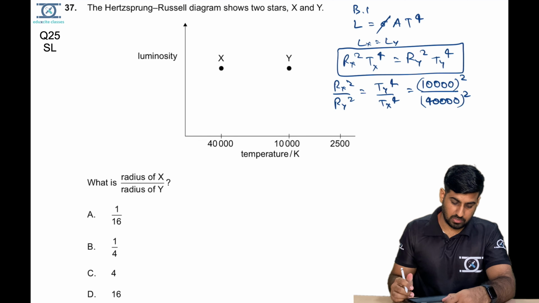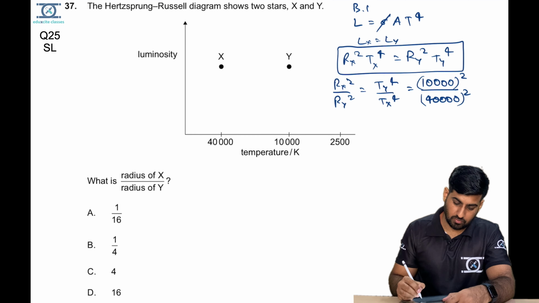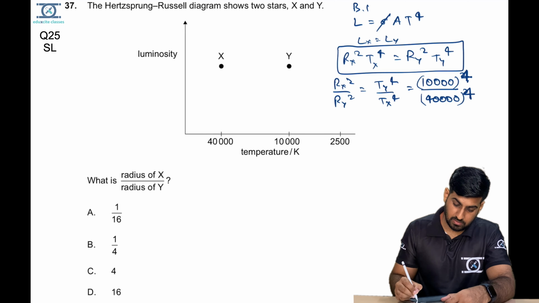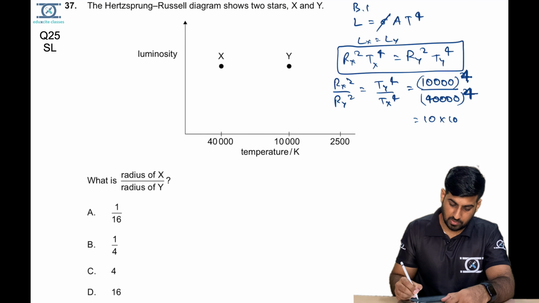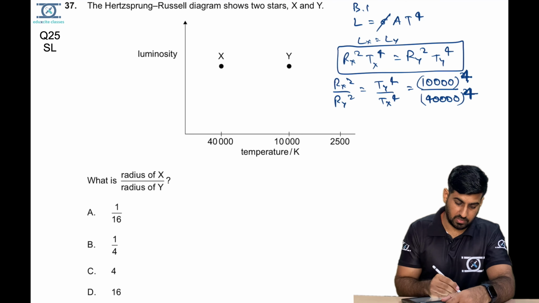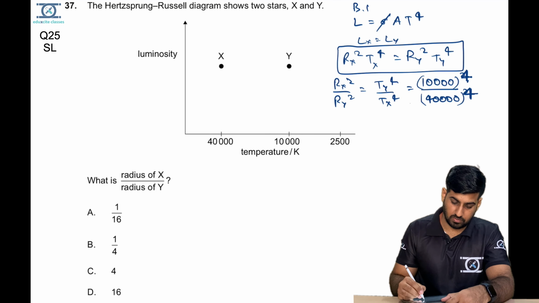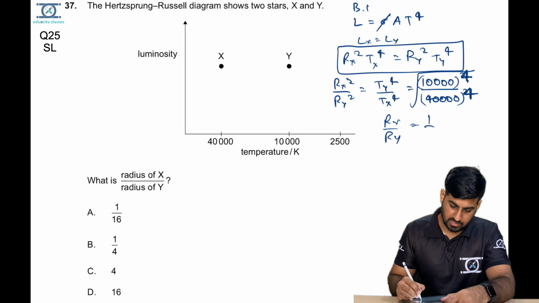So once you solve this and take the square root, this will be power 4, this will be power 4. So you can write this as 10 into 10 raised to power 3, or you can just solve in your calculator, and once you do and then take the square root of this, you will get rx upon ry as nothing but option 1 by 16.